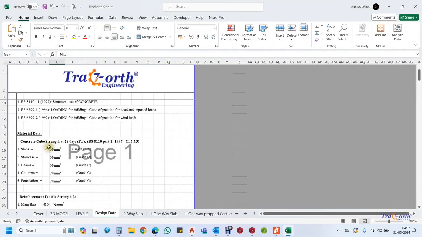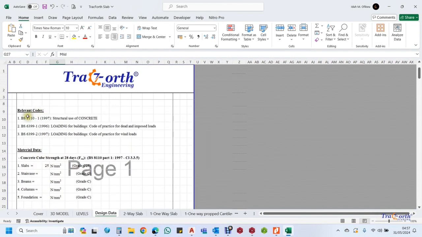And this can even change by the time you carry out your design. Because the code is more or less like our constitution as engineers, you must be able to understand the relevant provisions in code, which is what will determine the decision you make, the minimum decision. It must satisfy it. So I can't just come here and say, okay, I'm designing this slab to 10 Newton per millimeter square. It will not go through approval.